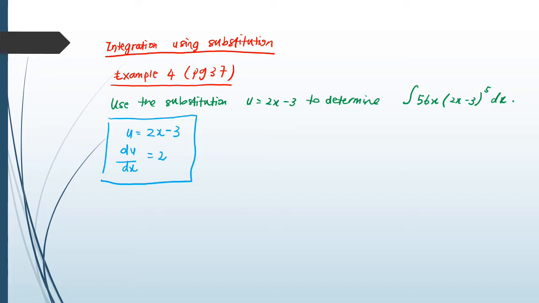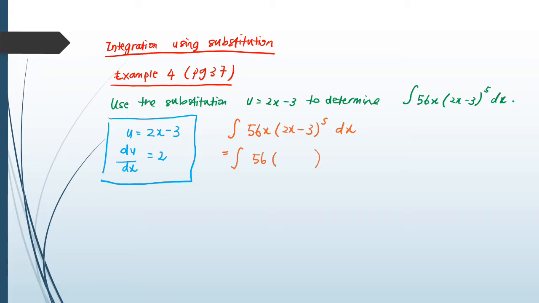We should be rewriting 56x (2x minus 3) to the power of 5 dx in the form of u. And how do we convert this? 56 is just a number, so take it as it is. x is to be converted into u.